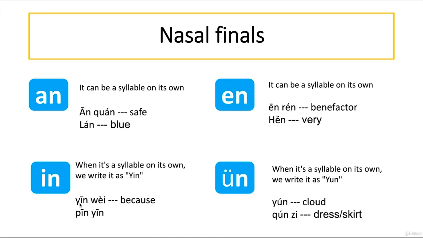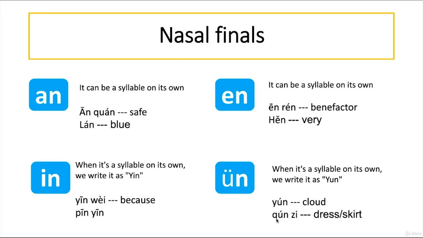Pinyin is what we are learning now, right? Number 4, yun, yun, yun. We write it as yun when it's on its own. For example, 云 means cloud. 裙子 means dress or skirt.